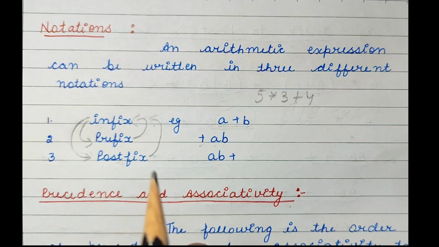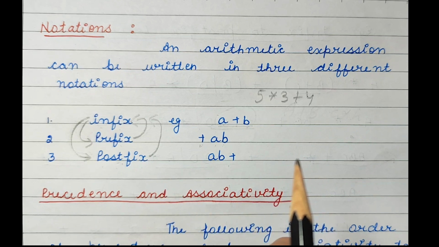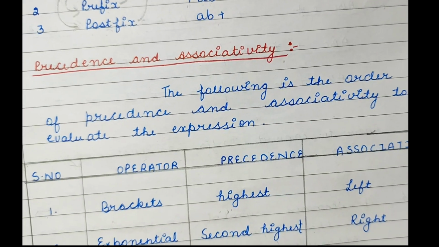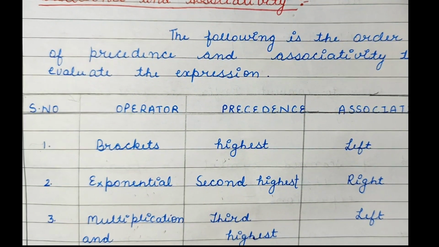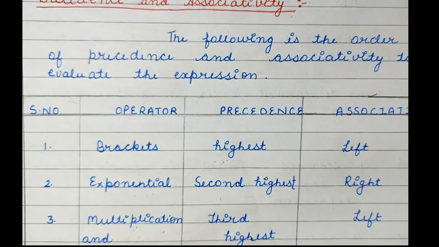Now we have different rules for converting an infix notation to postfix notation. So first we discuss what are the rules. Basically here we use the precedency of operators. So first we discuss the precedence and associativity of the operators.